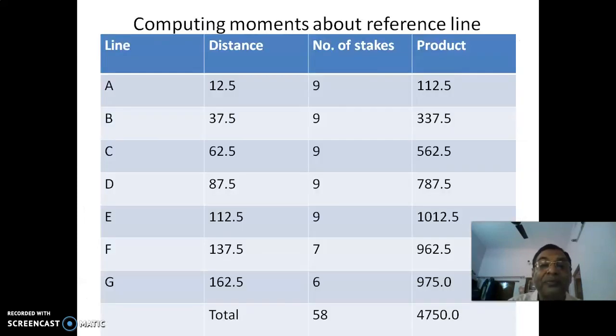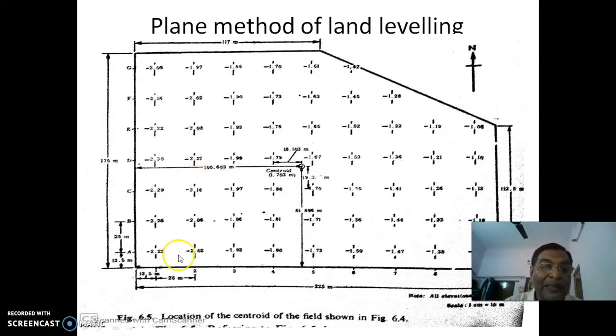Now, for example, this is the line A you have selected, and line A is at a distance of 12.5 meters from the reference line. Let us go back. You can see this is line A, which is 12.5 meters from the reference line.